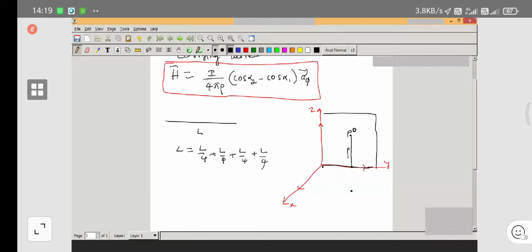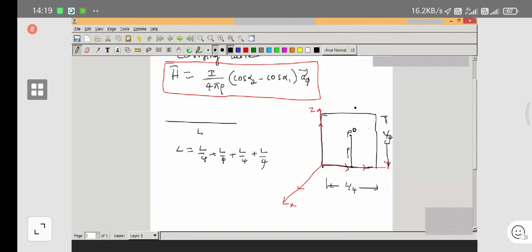This is L by 4. This is also L by 4. Consider a length L bent in the form of a square: L by 4, L by 4, L by 4, L by 4.